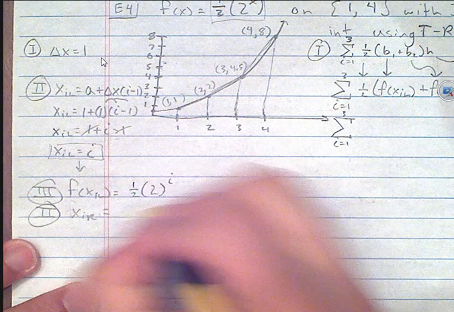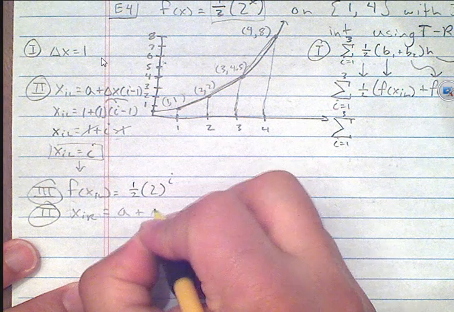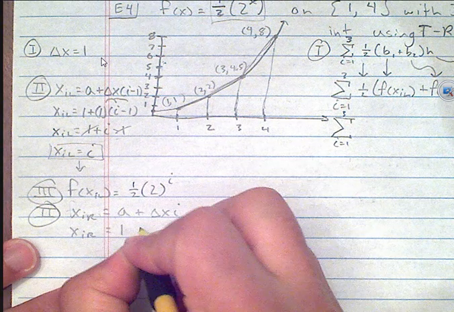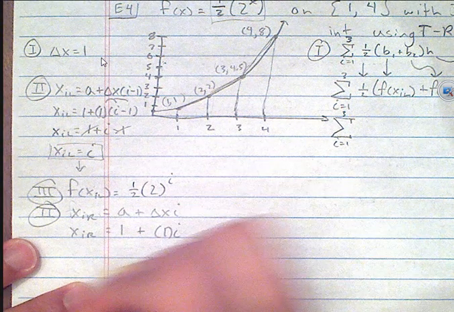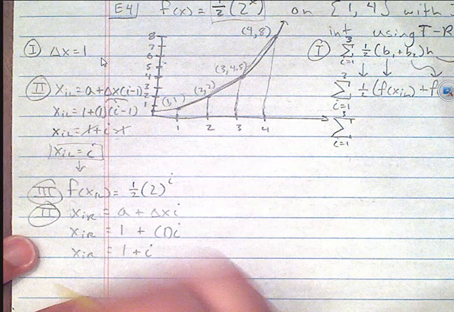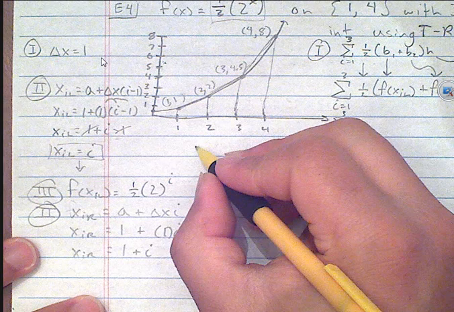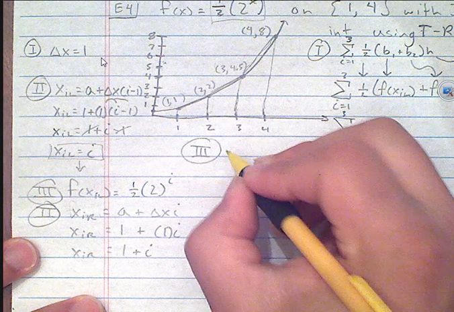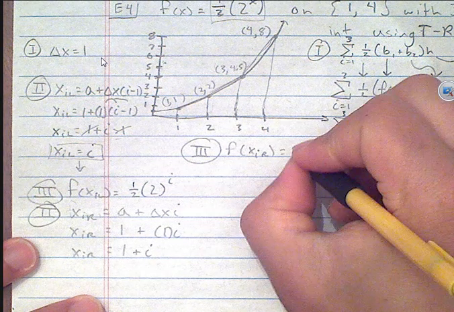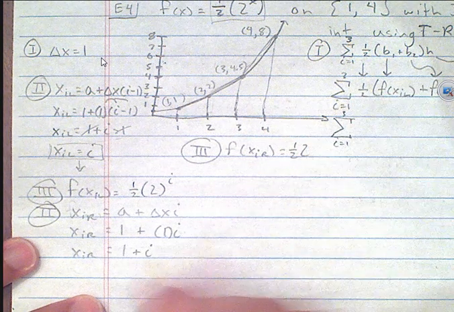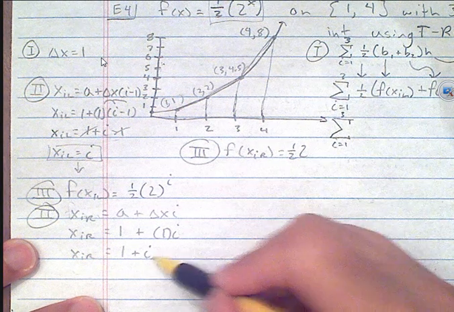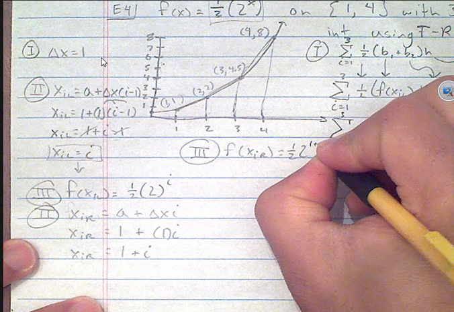X of IR is a plus delta x times I. And so x of IR, a is 1, 1 plus delta x is 1 times I, so x of IR is 1 plus I. Now I gotta plug that in to f of x to make f of x of IR. So this is gonna give me 1/2 2, and everywhere I see an x in the function, I'm gonna put a 1 plus I. 1 plus I. There we go.